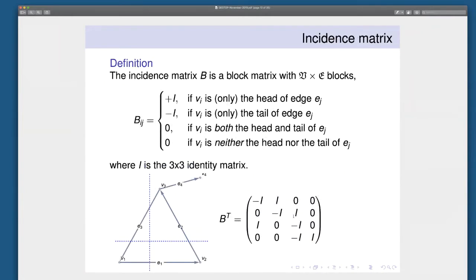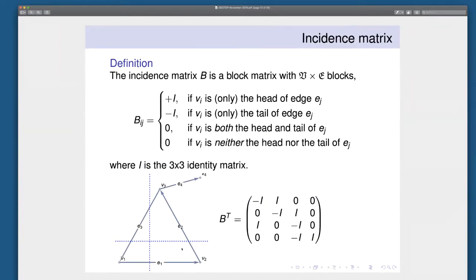So this is a linear relationship between these two vectors. And if you write down all of these relationships, you get a matrix called the incidence matrix. And it looks like this. You get a +1 in ij if vi is the head of edge ej, a -1 if vi is the tail of ej, a 0 if ej is a loop edge and vi is both the head and the tail, and a 0 if it's neither the head nor the tail.